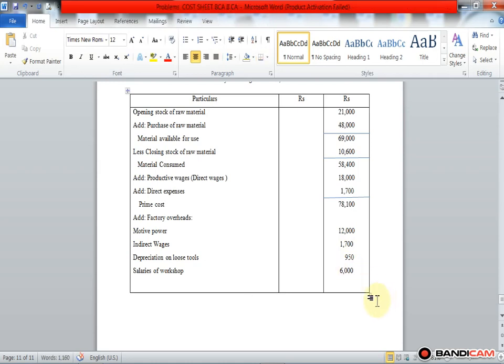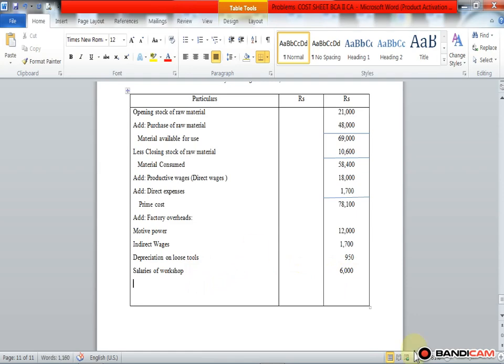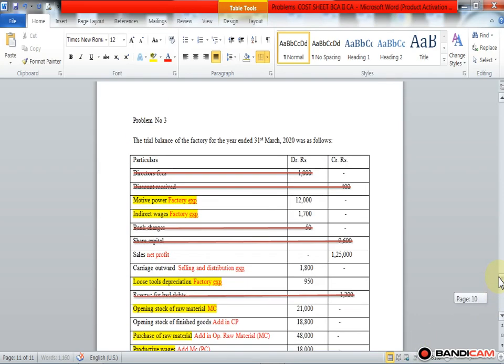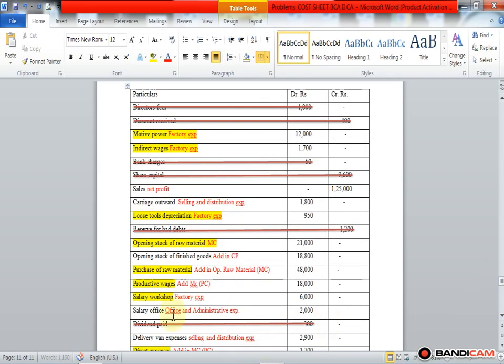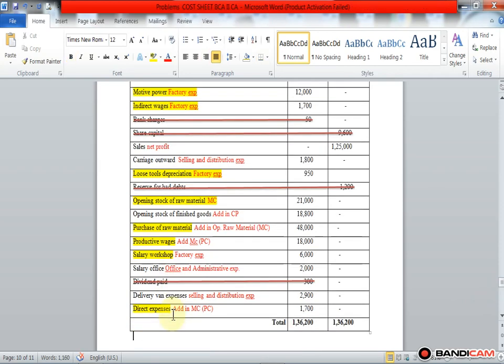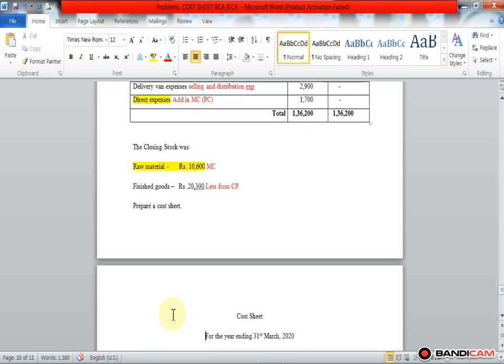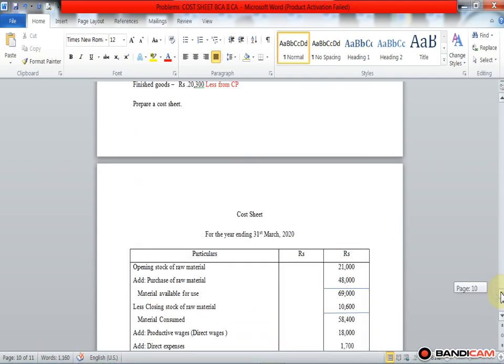Okay, next, salary transferred, delivery transferred. Make the total of all the columns.